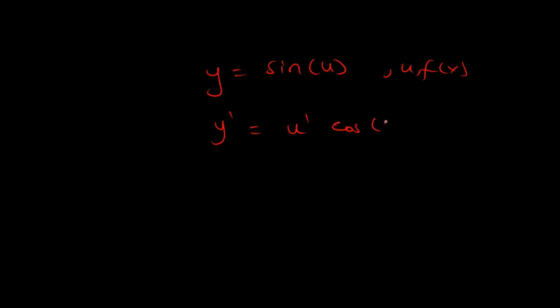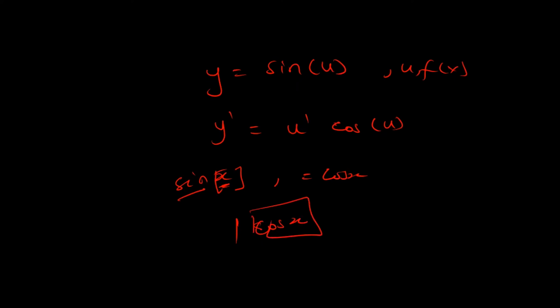So u prime, you differentiate the u, which is a function of x, then you multiply it by the derivative of the trig function. That's why initially we said the derivative of sine x is cos x, because here the angle is x, and when you differentiate x you get 1. When you differentiate sine x you get cos x. So it's going to be cos x.